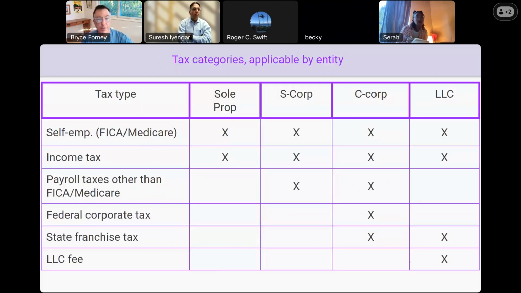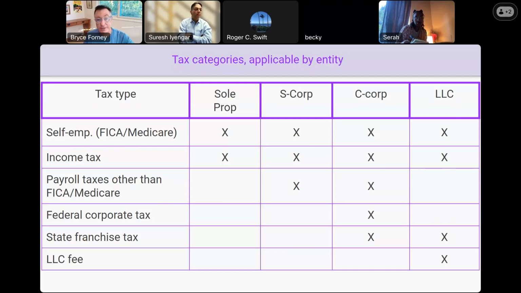And then what I thought might be helpful is to show these taxes broken out. They're itemized, and then as they apply to entity type. So it's really the same chart as we had before, the same matrix. But here, we're showing what entity pays what tax.